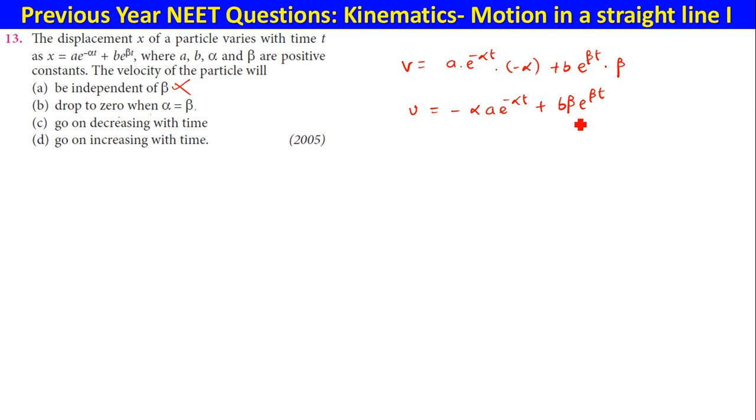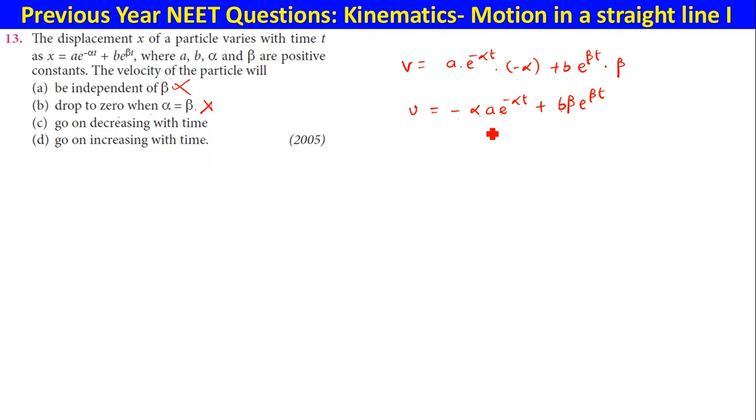Just check it. Many of us, out of curiosity, will try to take alpha equal to beta. Then you'll get, let us say, minus beta a e power minus beta t, but actually a and b are not the same, right? Definitely it will not become 0. Now, the velocity will keep on decreasing with time.